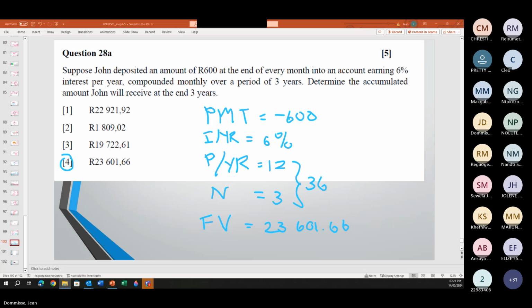Because you also have a formula sheet, please have a formula sheet with you when you are writing this. So he needs to work out his future value. Let me just quickly put it in a snapshot.